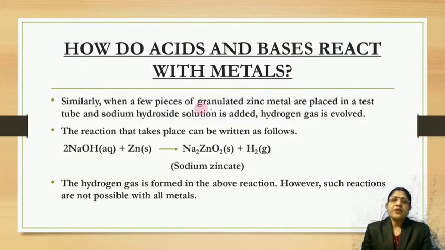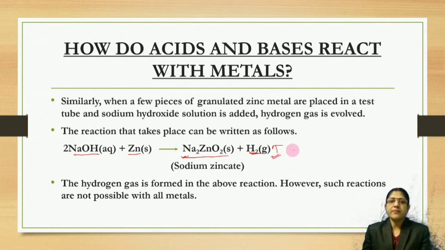Zinc is a metal and it reacts with acid to form salt and hydrogen gas, right? Similarly, when a few pieces of granulated zinc metal are placed in a test tube and sodium hydroxide solution is added, hydrogen gas is also evolved. The reaction: sodium hydroxide plus zinc forms Na2ZnO2, sodium zincate, and H2 hydrogen gas. In the same way we can test this hydrogen gas with a burning matchstick.